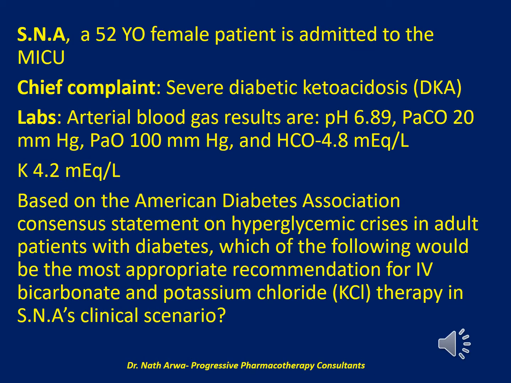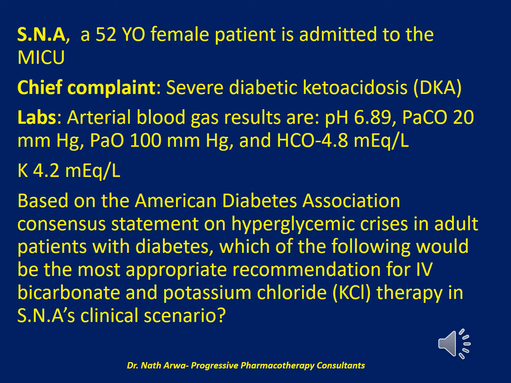And the first question reads, SNA, a 52-year-old female patient is admitted to the medical ICU with a chief complaint of severe diabetic ketoacidosis, abbreviated as DKA. Her pertinent labs include the following arterial blood gas results: a pH of 6.89, a PaCO2 of 20 mm of mercury, a PaO2 of 100 mm of mercury, and a bicarb of 4.8 milliequivalents per liter, and potassium levels of 4.2 milliequivalents per liter.